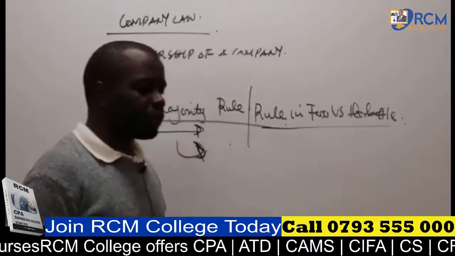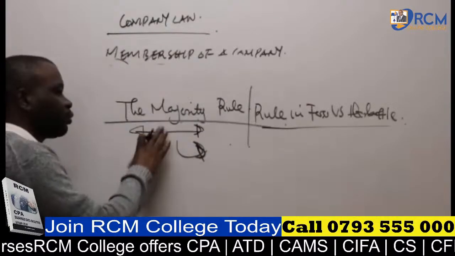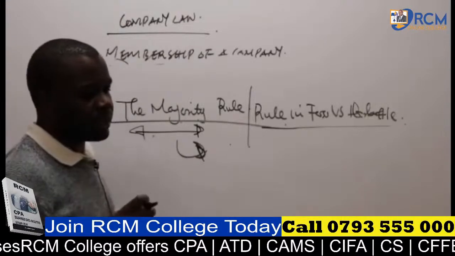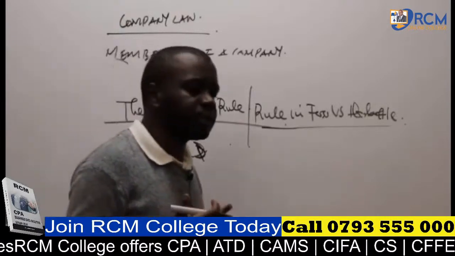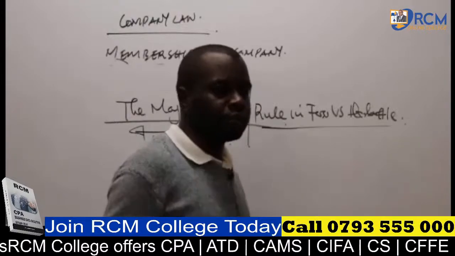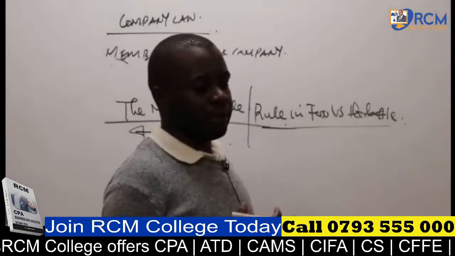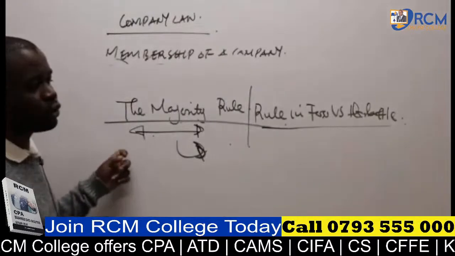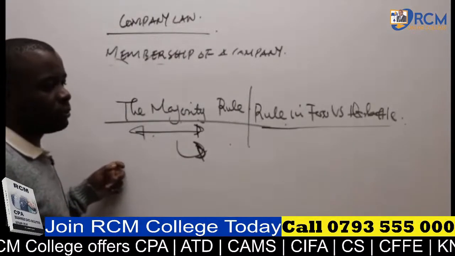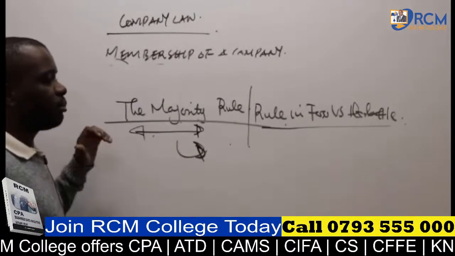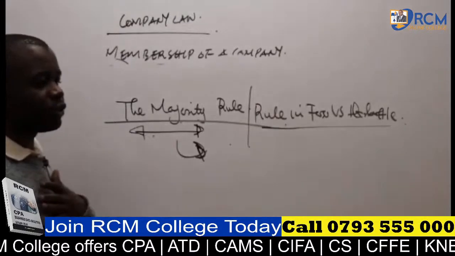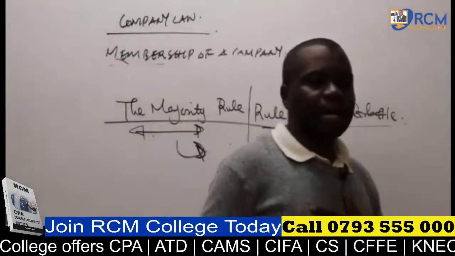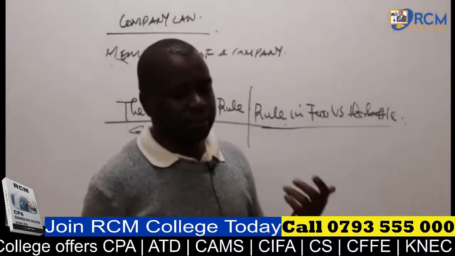So under the majority rule, or the rule in force, any decision the company undertakes means the majority have already approved it at a general meeting. If it is an action to be brought before the court, then it is only the company itself that can do so, not an individual member, for example a shareholder, bringing that action on behalf of the company.